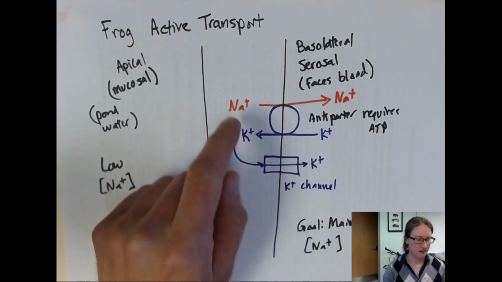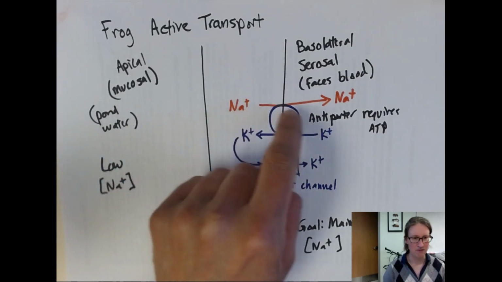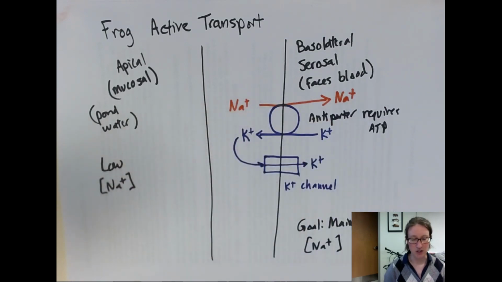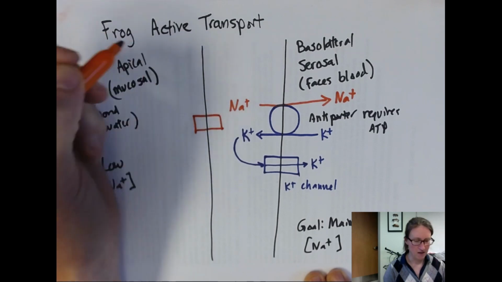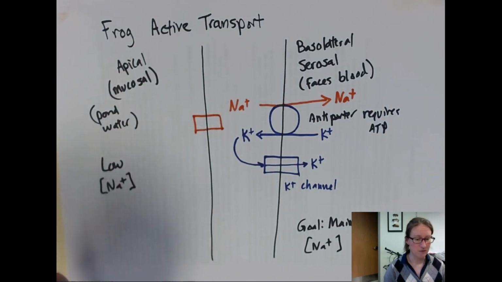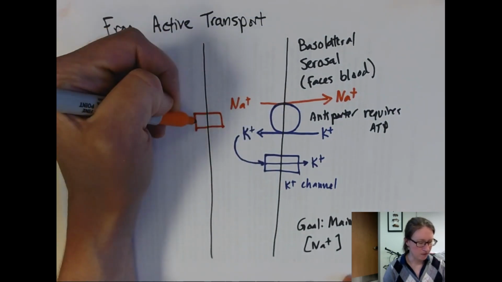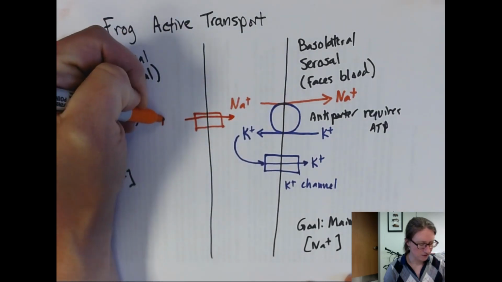But what that means is that it's possible to then move sodium up its concentration gradient using energy. And then the next question is, well, okay, that's all well and good, but what about sodium from the external environment? How does that work? So the thinking there is also that this is facilitated by the presence of sodium channels in the apical surface. Okay?